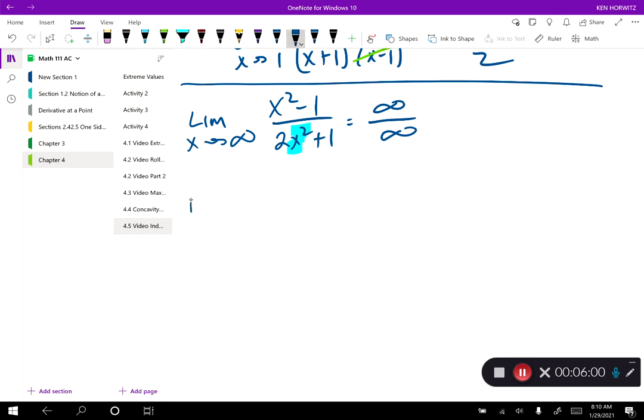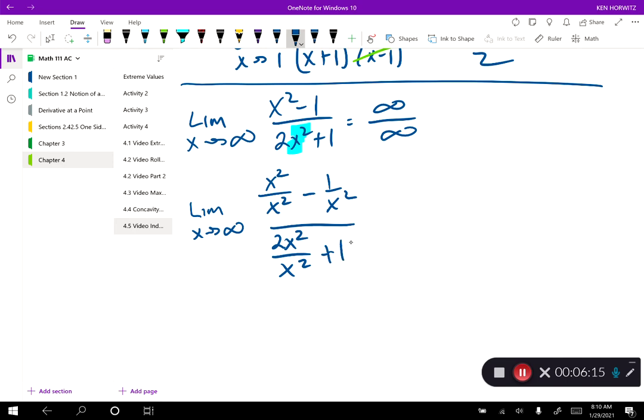So I have the limit as x approaches infinity of x squared over x squared minus 1 over x squared, over 2x squared over x squared plus 1 over x squared. That's a terrible x squared. I'll do that better. 1 over x squared. And now we can simplify.